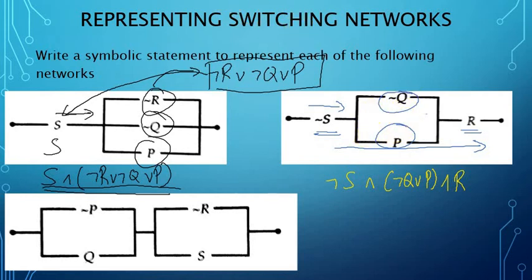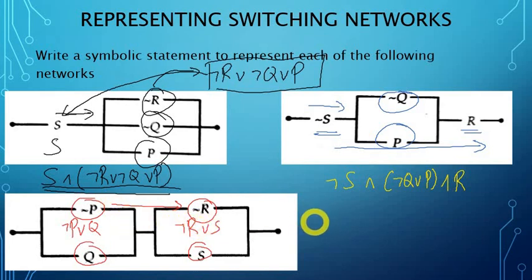Finally, we can have this one here. As you can see, we would have not P, Q, not R, and S. This is in parallel, so we'll have not P or Q, also in parallel, not R or S. But the two parallel networks are in series.